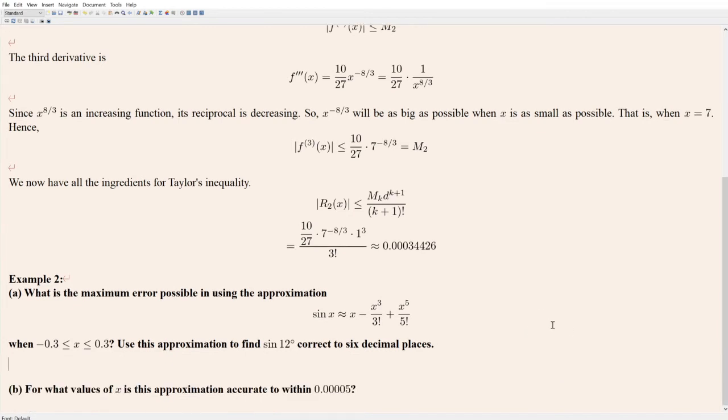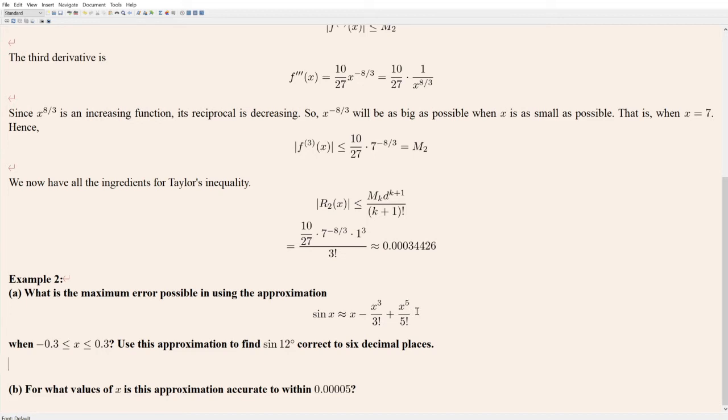Okay. So down here, we are taking the sine function and replacing it with the first 3 terms of its Taylor expansion. Remember, the Taylor expansion for sine is alternating. We've got the factorials of odd numbers on the bottom and only odd powers.